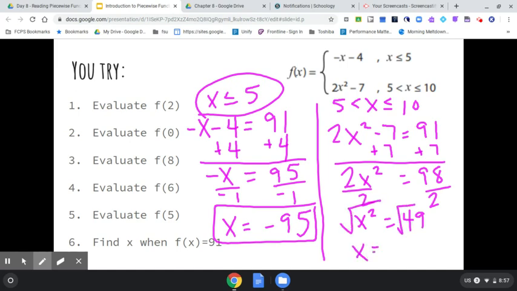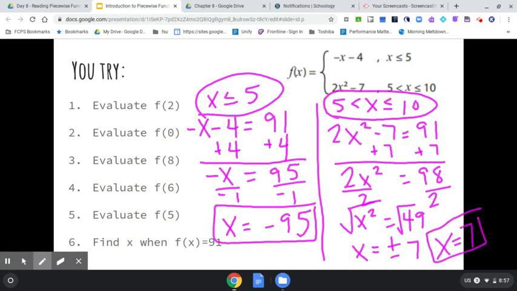X equals positive or negative 7. Checking my domain, only the positive 7 is in the domain. So x equals positive 7 is a solution. The negative 7 is not. So I get two answers, x equals negative 95 and x equals 7.